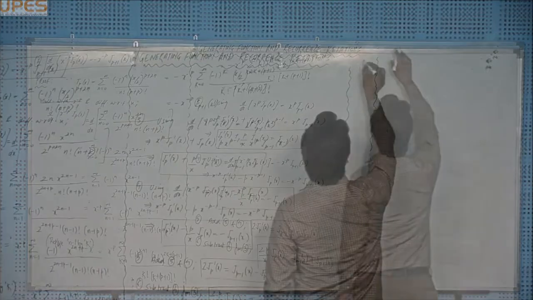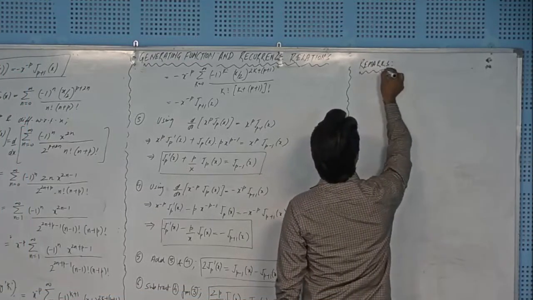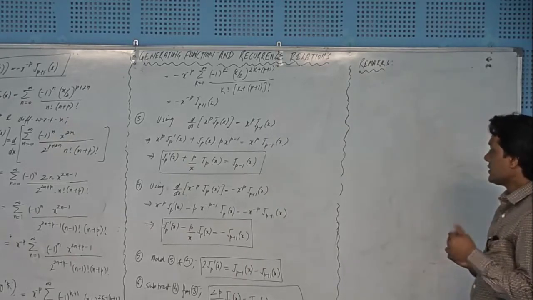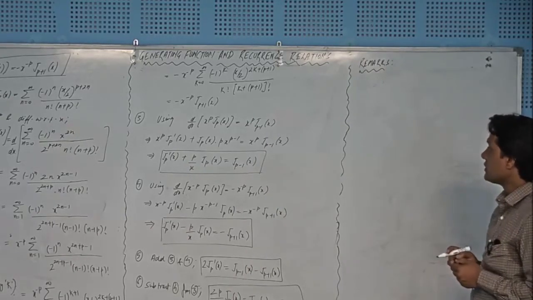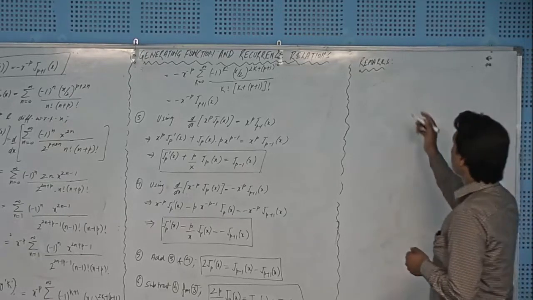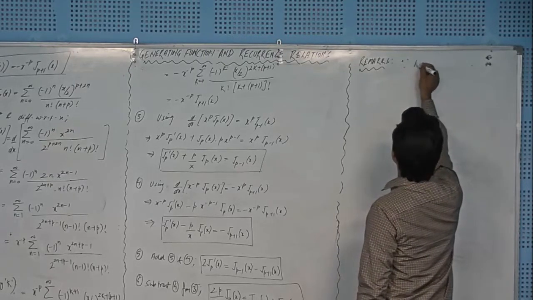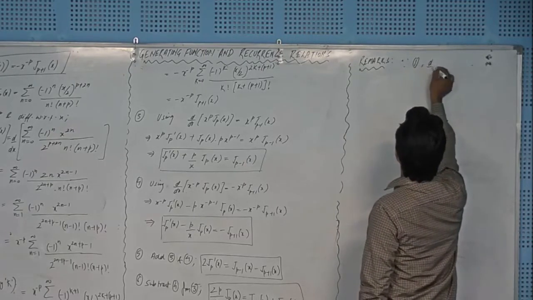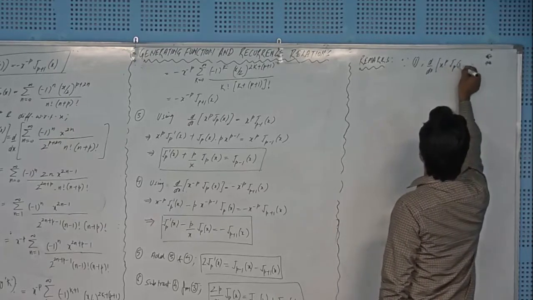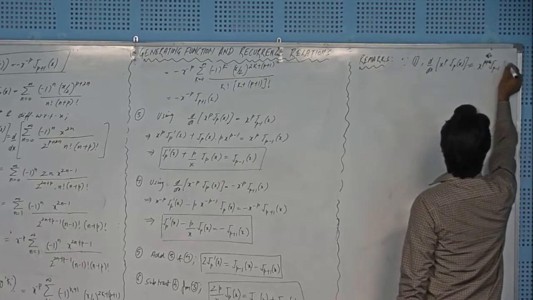Now I will add remarks. If I write the first recurrence relation and try to integrate it: the first recurrence relation was d by dx of x to the power p J_p(x), and that became x to the power p J_{p-1}(x).